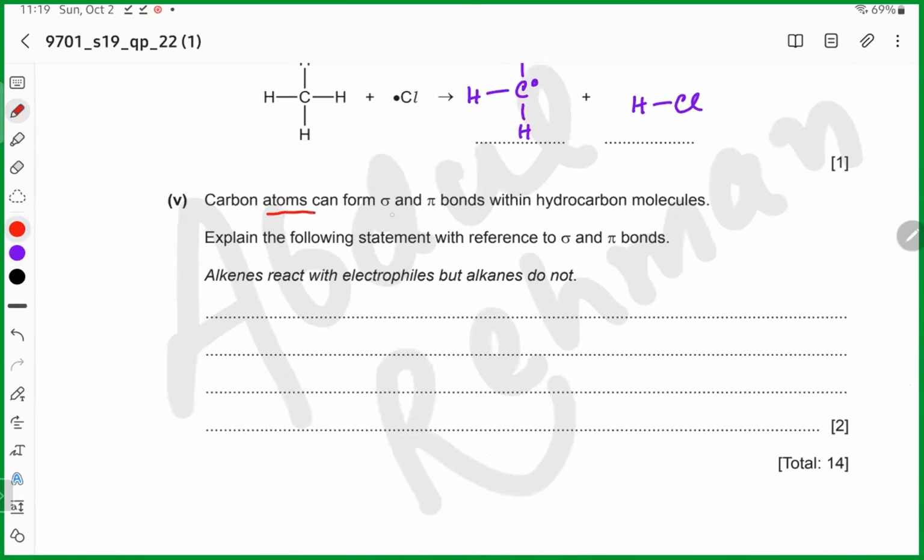Carbon atoms can form sigma and pi bonds within hydrocarbon molecules. Explain the following statement with reference to sigma and pi bonds: alkenes react with electrophiles, but alkanes do not.